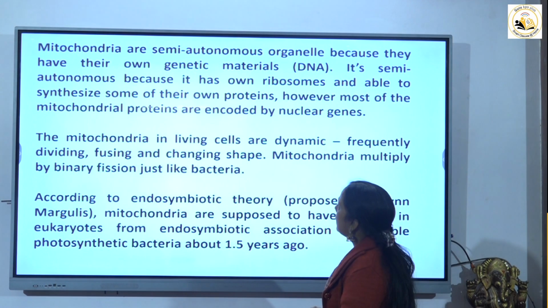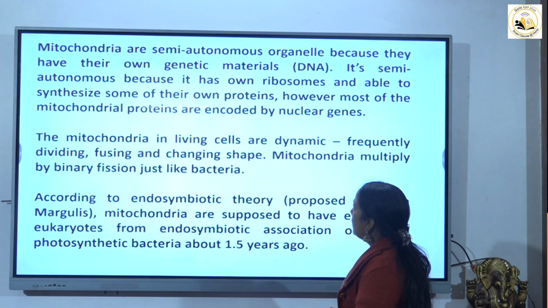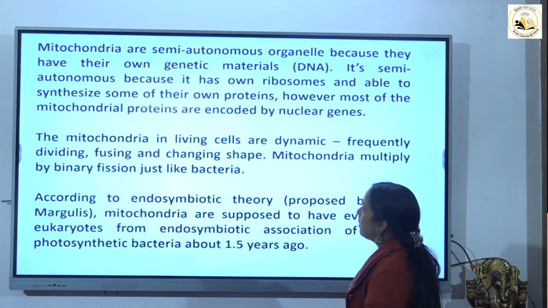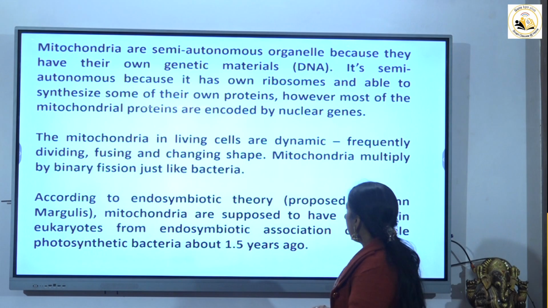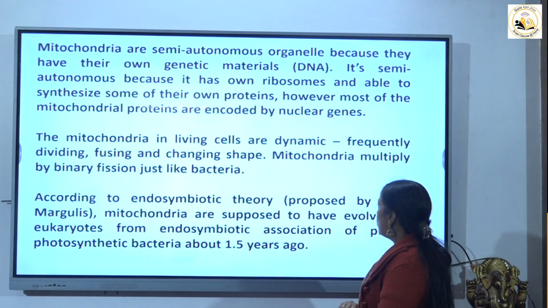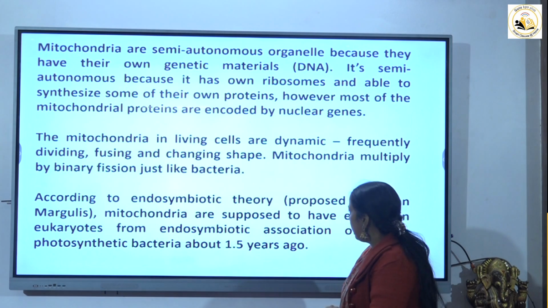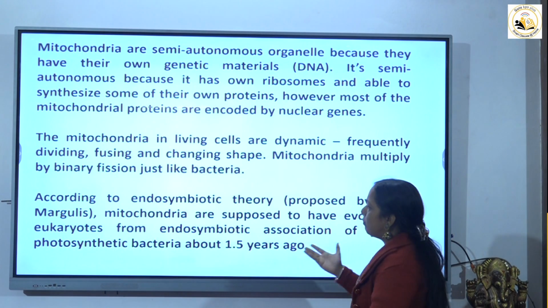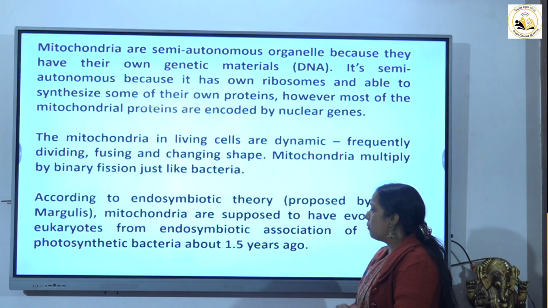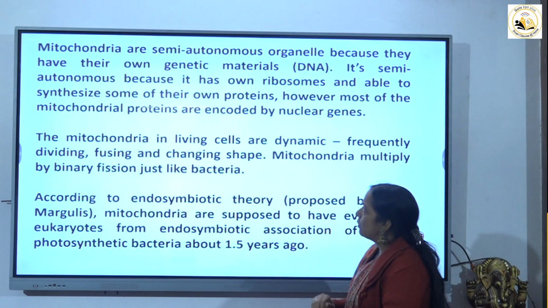The mitochondria in living cells are dynamic, frequently dividing, fusing and changing shape. Mitochondria multiply by binary fission just like bacteria. According to the endosymbiotic theory, mitochondria have been proposed to have evolved in eukaryotes from endosymbiotic bacteria, from an association with purple photosynthetic bacteria about 1.5 billion years ago.